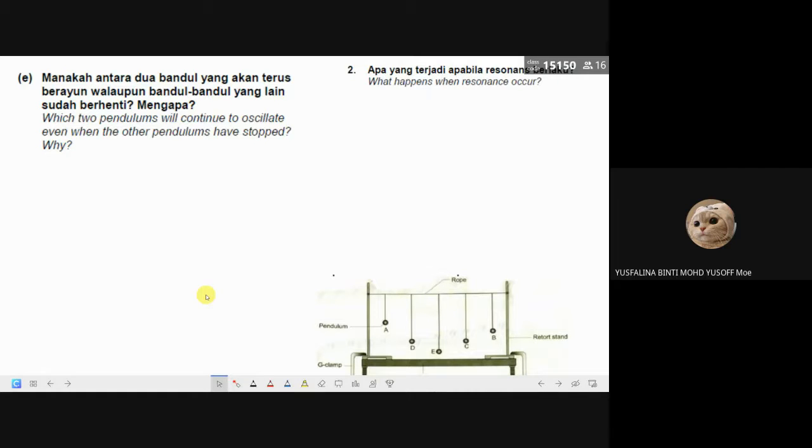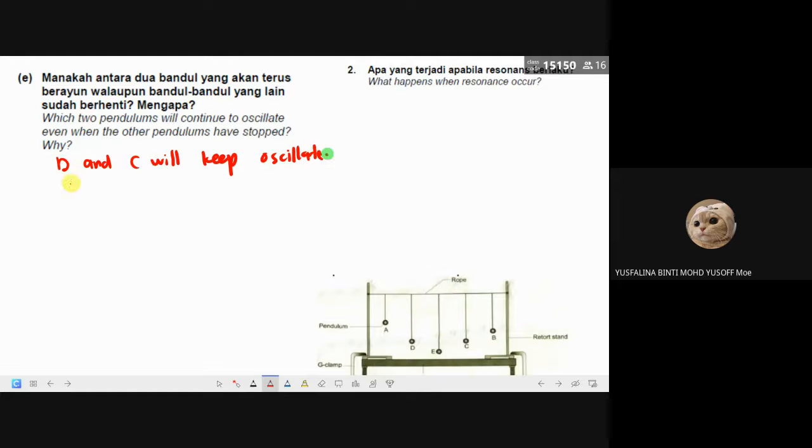Which ones do you think? Anyone? D and C will keep oscillating. Right? So the answer is D and C will keep oscillating.